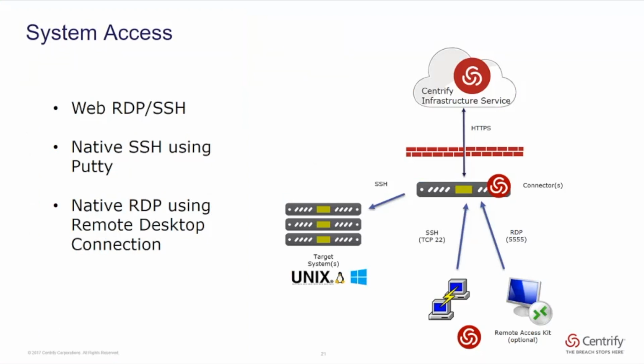As you can see in the graphic on the right-hand side, the native client for PuTTY will use the default TCP port 22, and the remote access for your RDP will use port 5555.